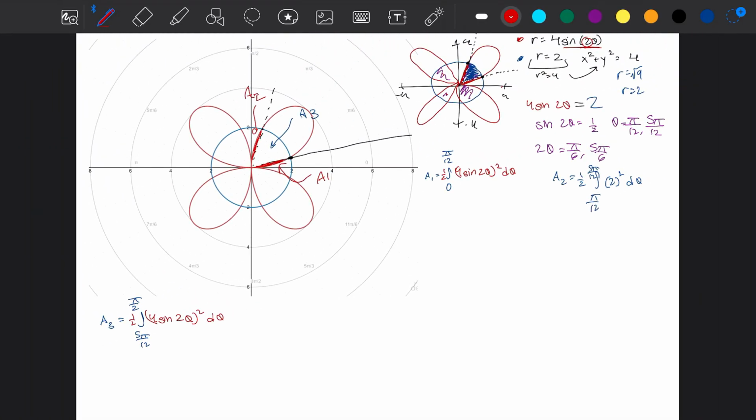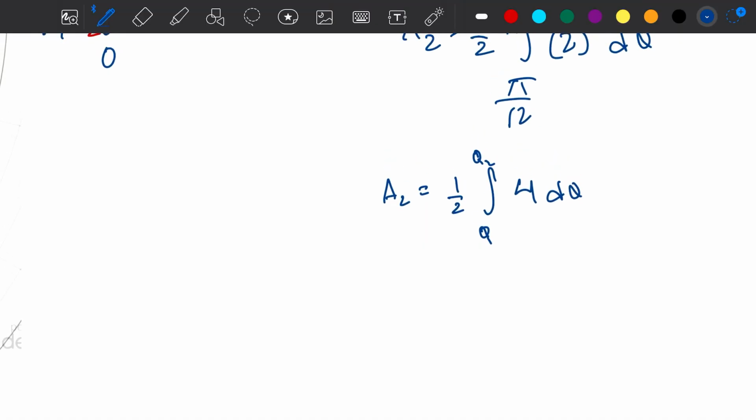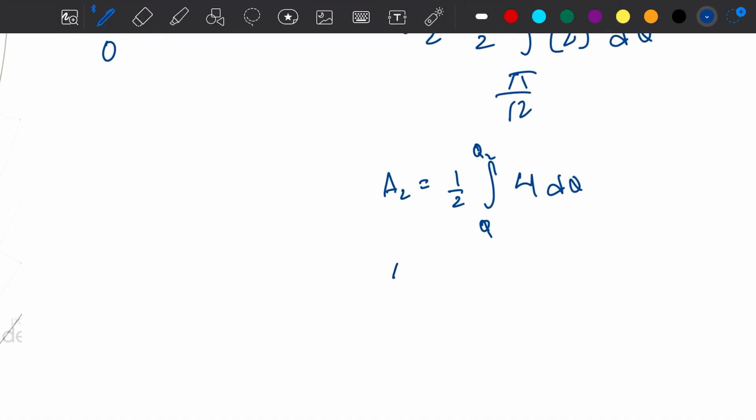Okay, now this is going to be the fun integration part. I'll do A sub 2 first, since that's fairly simple. A sub 2 is going to be 1/2, and I'll put theta 1, theta 2 to make it clearer, of 4 d theta.